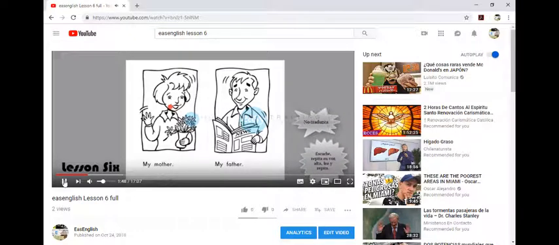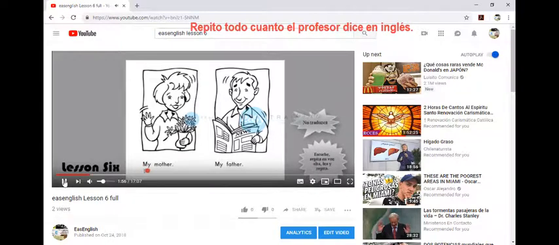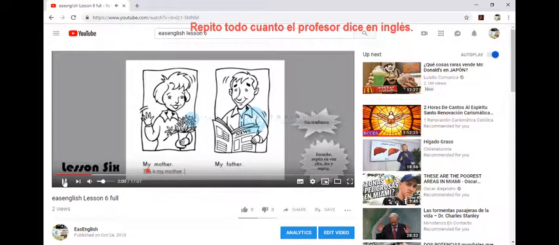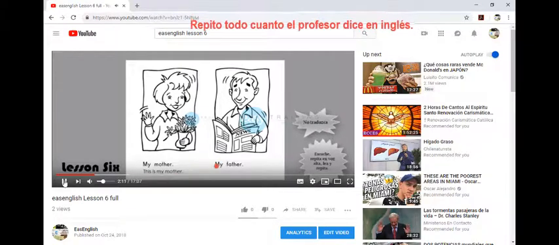Y él la presentaría diciendo, this is my mother. Así presentamos a las personas, y en este caso particularmente los miembros de nuestras familias. This is my mother.